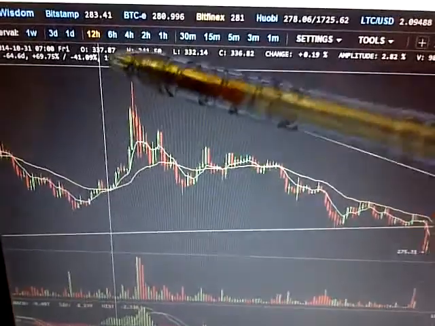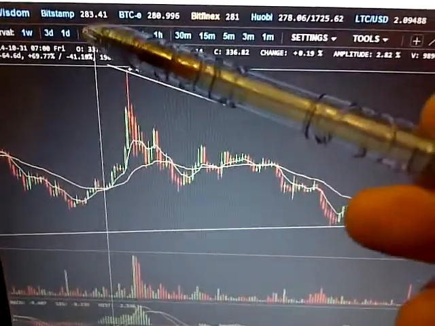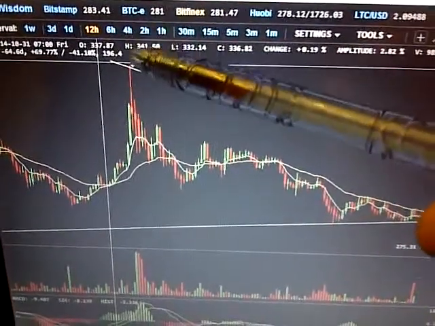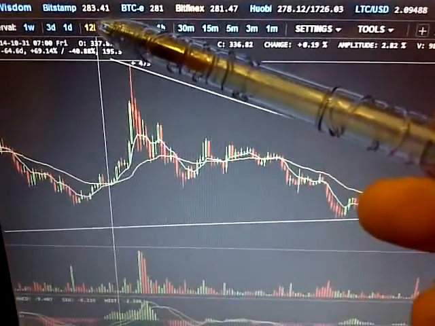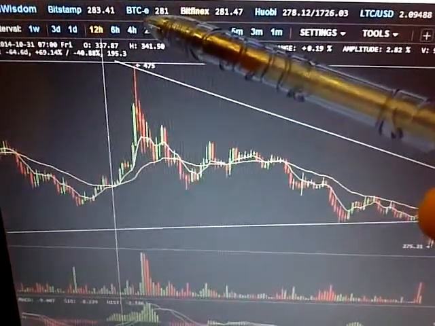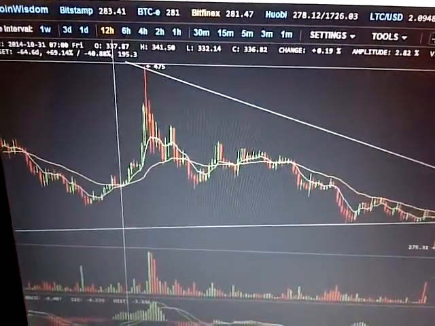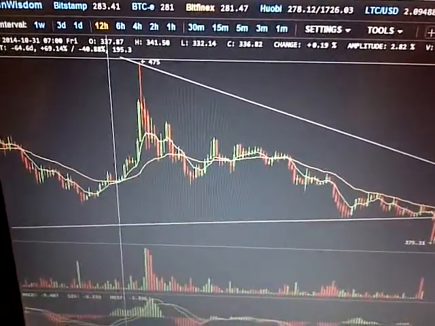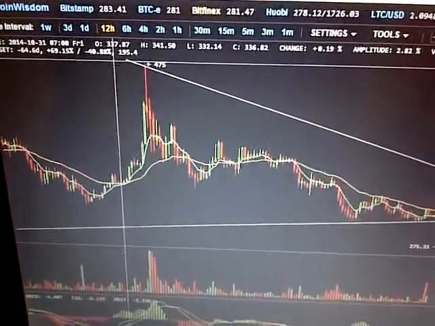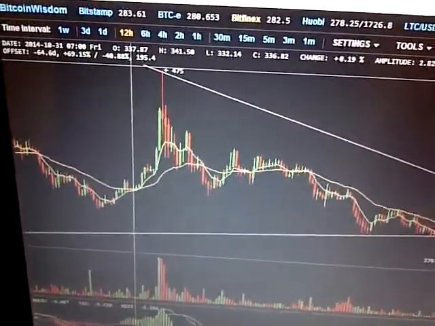Then by the time I finished buying back my Bitcoins at a lower price and basically selling off here into the higher price, I made a fiat gain, and then on this exchange I made a Bitcoin gain. So it's a 2-for-1 kind of process where you're making a gain fiat-wise, and then you're also making a gain Bitcoin-wise.